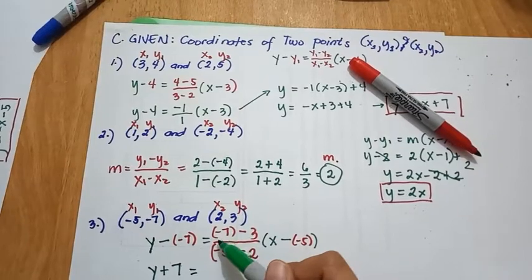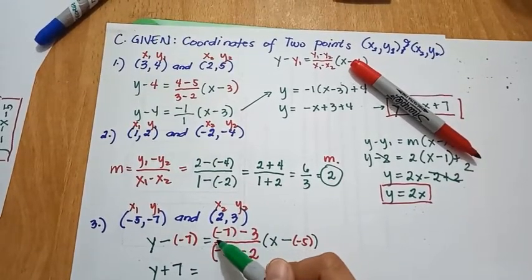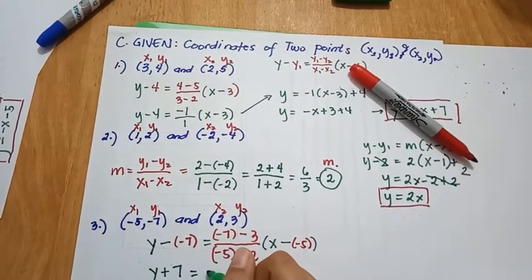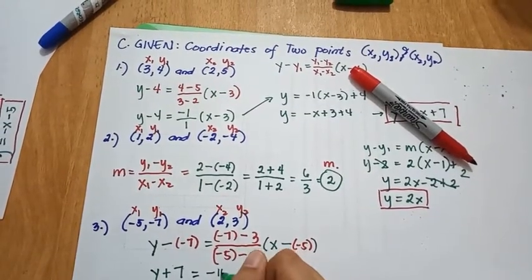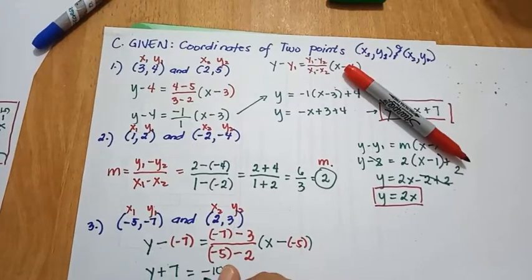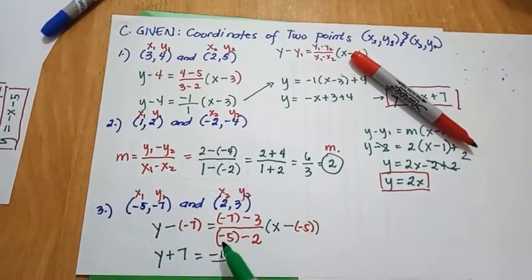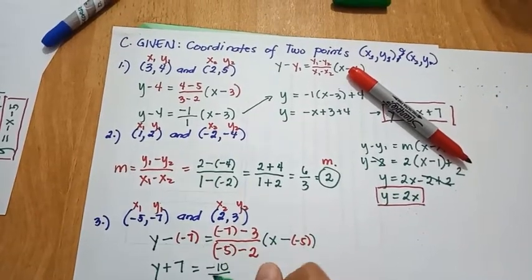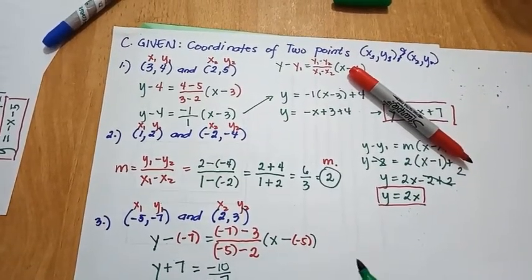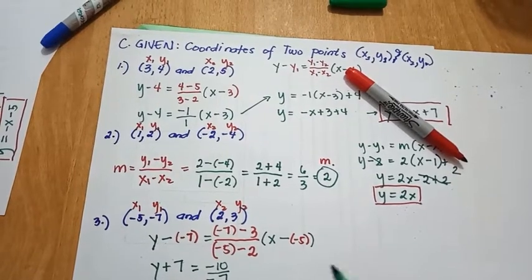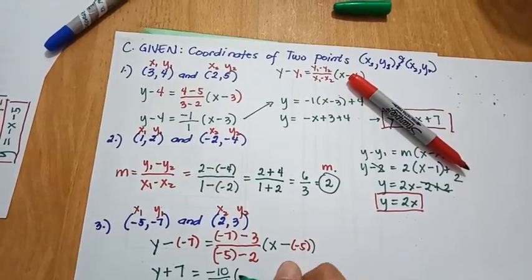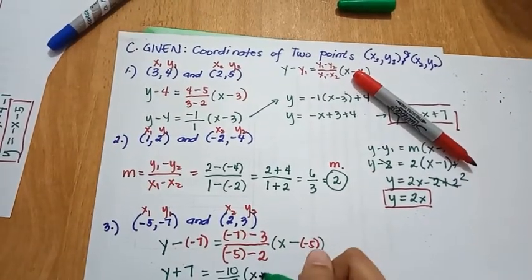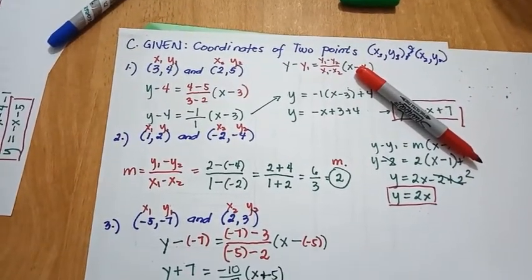Equals, keeping our first, we have negative 7 plus negative 3. The result will be negative 10. On the denominator, we have negative 5 plus negative 2, which is negative 7, times x plus opposite of negative 5 is positive 5.